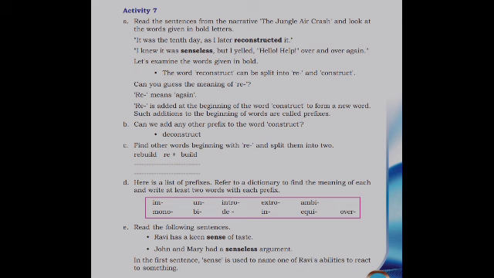Then read the following sentences. Ravi has a keen sense of taste. John and Mary had a senseless argument. Here in the first sentence, sense is used to name one of Ravi's abilities to react to something.